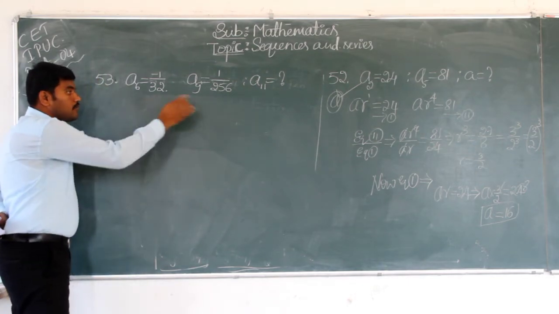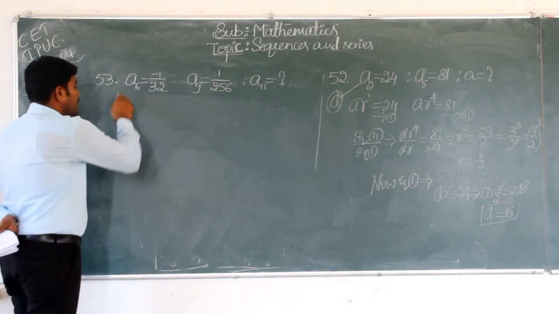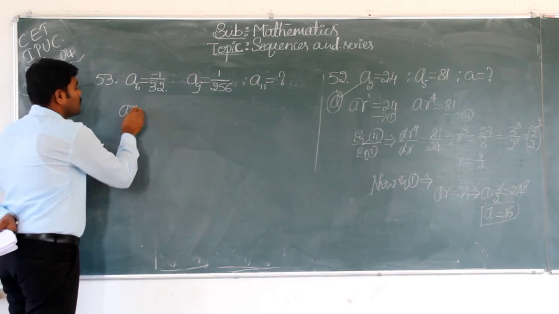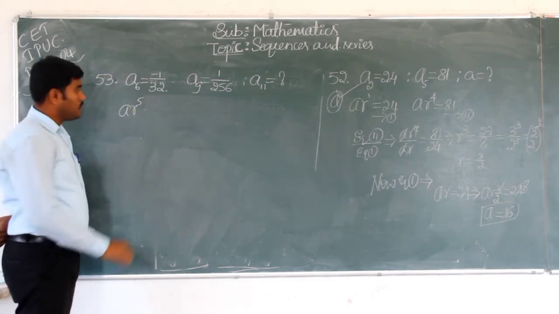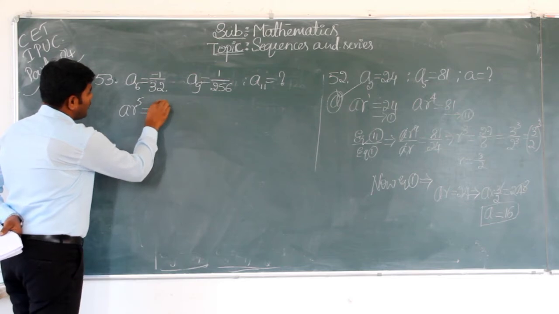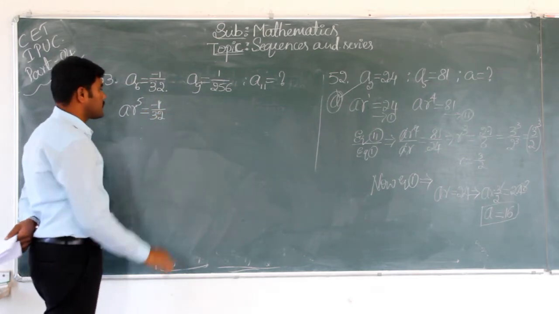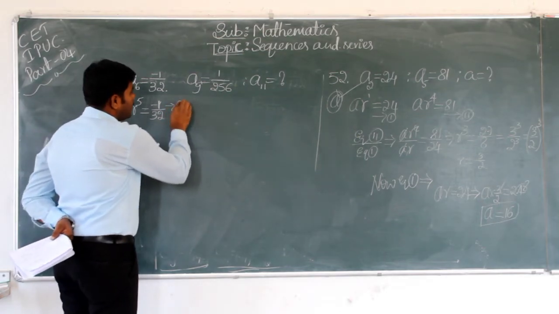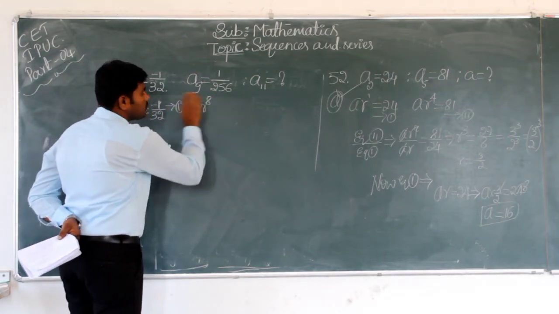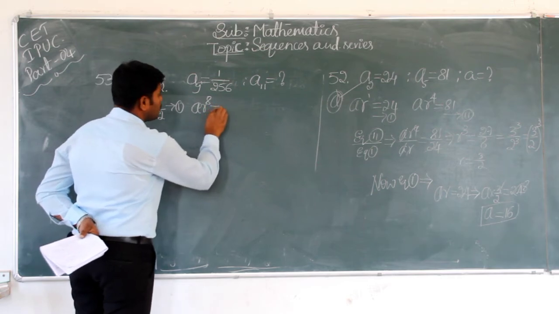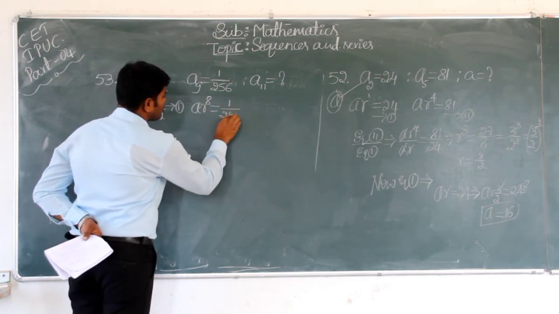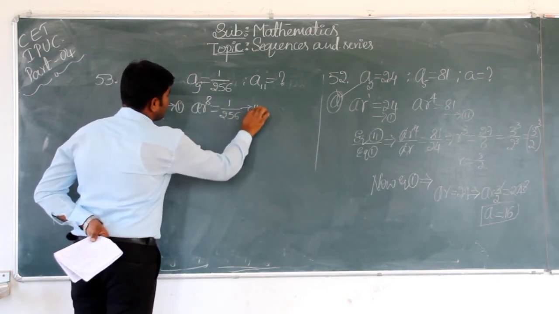Then here, what is your method? See, A6 can be written as A into r to the power of 6 minus 1, that is 5, is equal to minus 1 upon 32. Take it as equation first. Again here, A into r to the power of 9 minus 1 is equal to 1 upon 256. Take it as equation second.